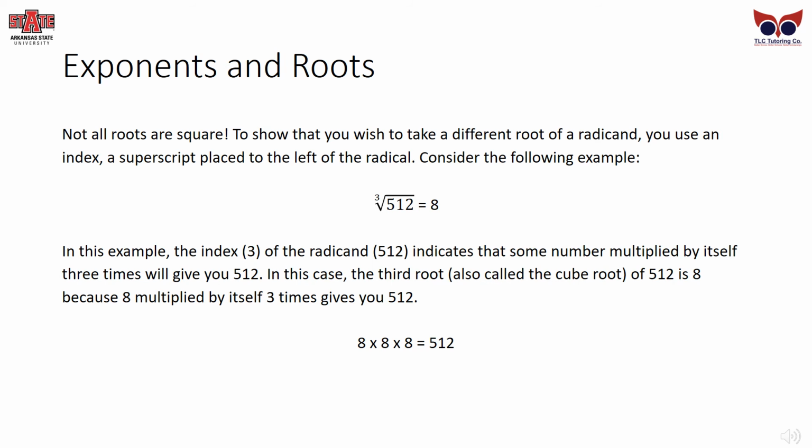When I place the 3 above the radical and 512 under the radical, this indicates that some number multiplied by itself 3 times will give you 512. In this case, the third root, also called the cube root of 512, is 8, because 8 multiplied by itself 3 times will give you 512.